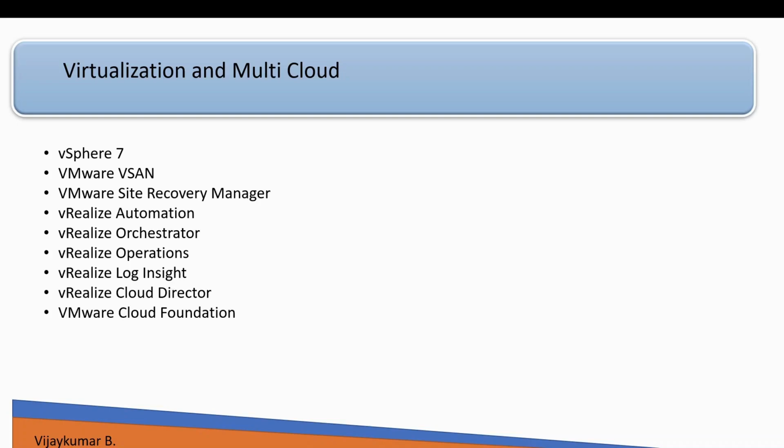So in VMware Cloud Foundation, you will have VMware vSphere, VMware vSAN, NSX-T, and if required, other components like vRealize Log Insight and Operations Manager will be part of it to deliver a cloud solution. So that's the overall of Cloud Foundation. Basically, it's a solution rather than a product. It is a combination of multiple products together, so I would call this a solution.